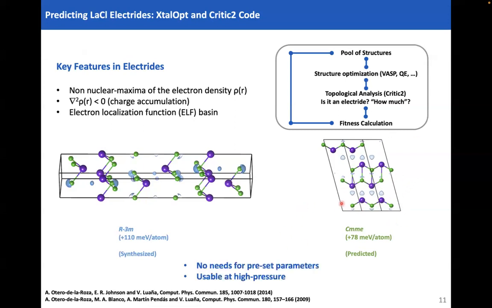The point with this scheme, which was tested by one of our group members, Stefano, is that it's parameter free, unlike some previous examples in the literature. It doesn't require an extra layer of analysis of the information regarding electron localization functions. As a result, it can be freely used at different pressure values, which is an interesting possibility in searching for electrolytes.